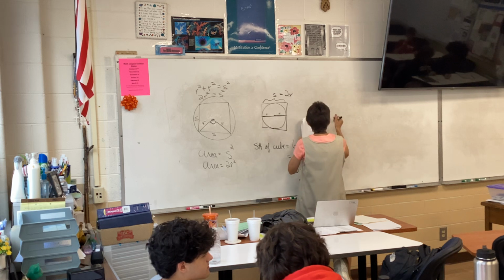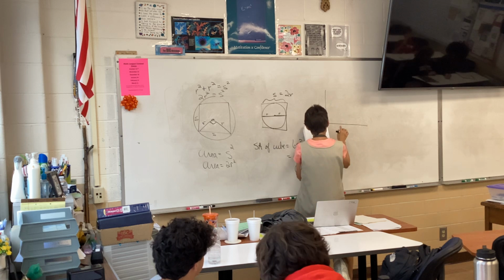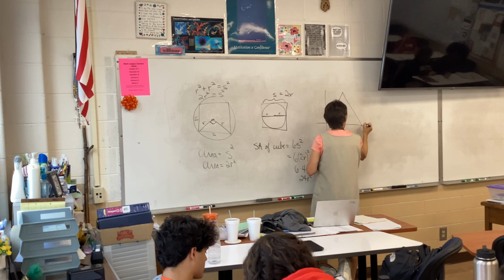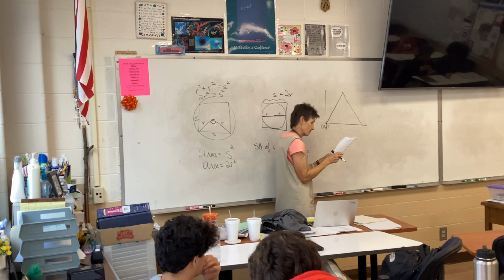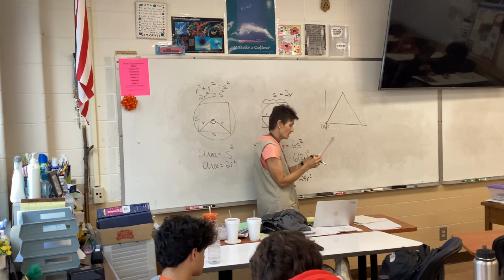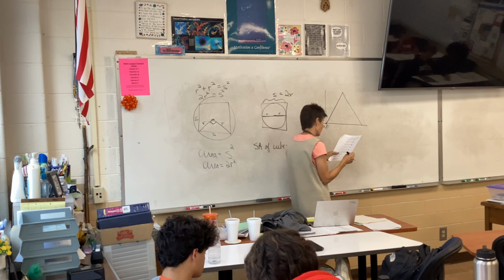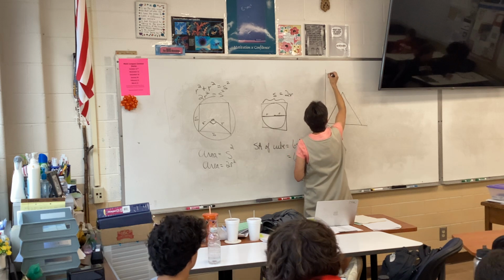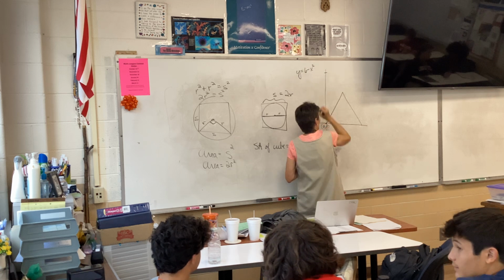An isosceles triangle has its base along the x-axis with one vertex at the origin. It's in the first quadrant, all positive, and its vertex is on the graph of 6 minus x squared. Okay, what shape is 6 minus x squared?